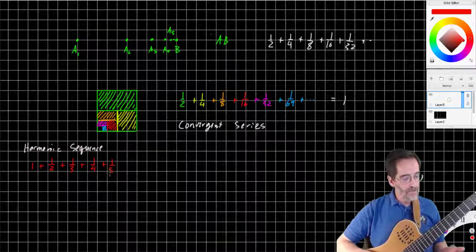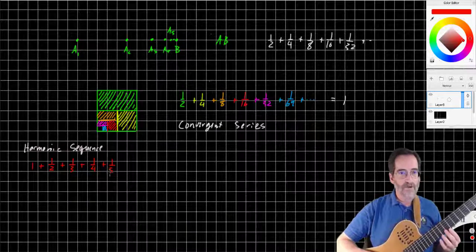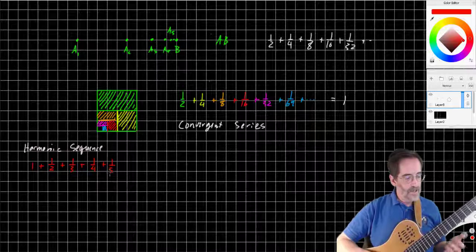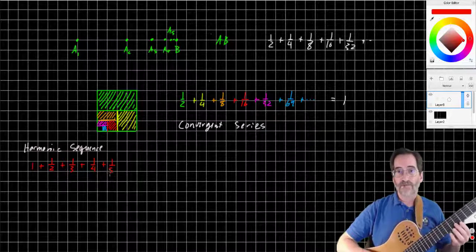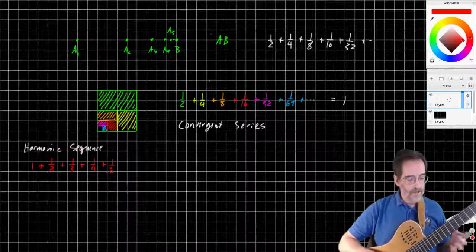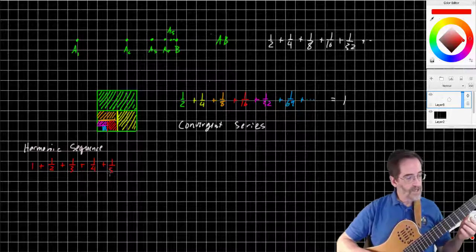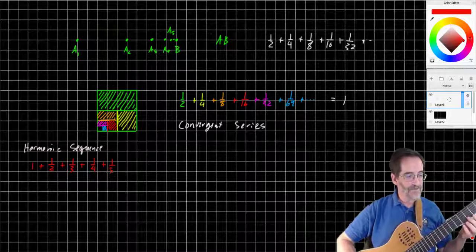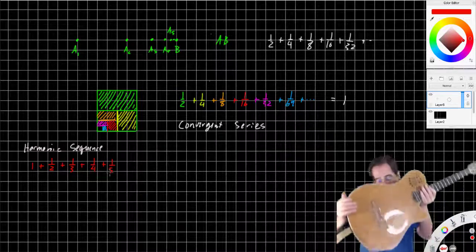If I take 1/3 of the string on the 7th fret, I get 3 times the frequency of the original open string. If I take the 5th fret, that divides it into fourths, I get 4 times the frequency. There is a fifth. If I divide the string into fifths on the 3rd fret, I can sometimes get a harmonic, but it becomes increasingly difficult to get it to play.